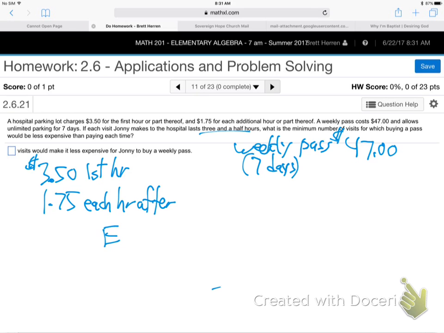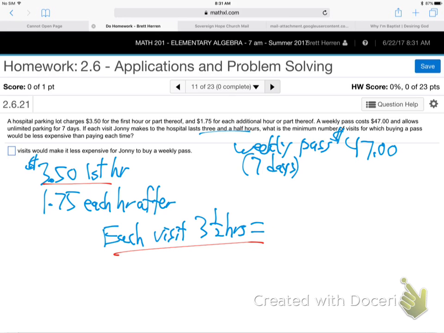So each visit is 3.5 hours. So if each visit Johnny makes to the hospital is 3.5 hours, what would be his charge if he just paid with the meters? Let's figure that out first off. Each visit is 3.5 hours, right?